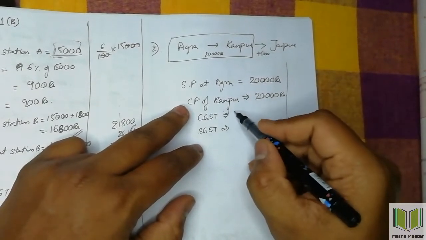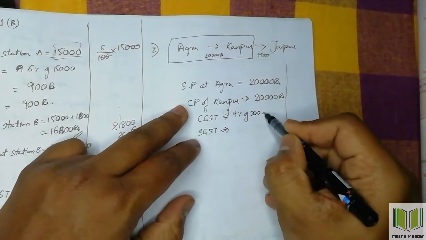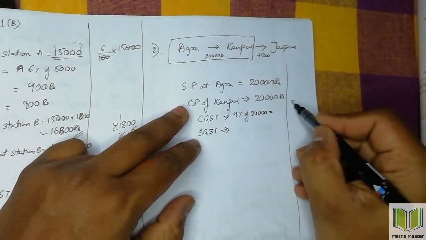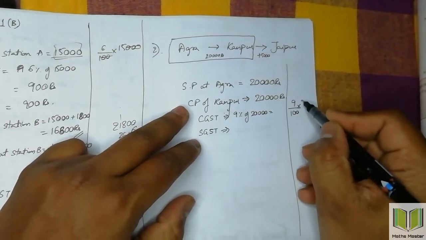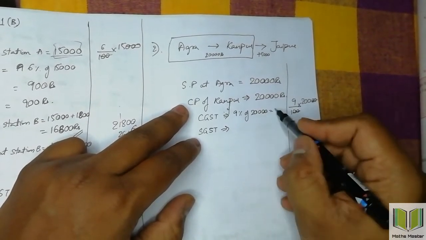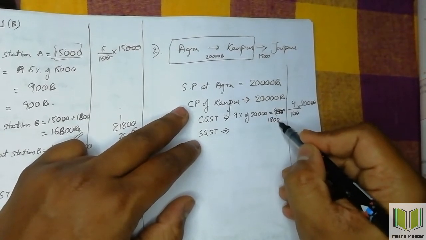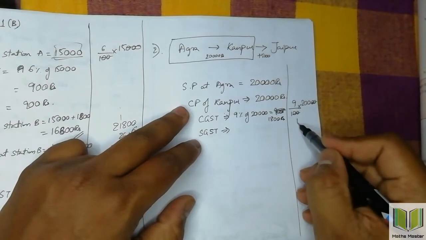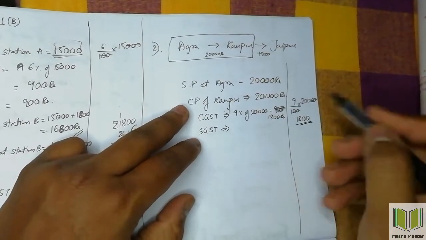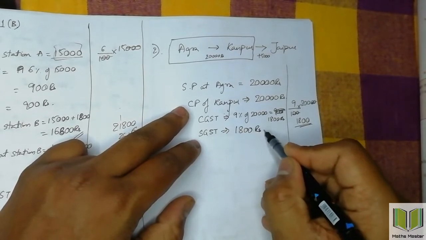So if tax is 18%, this will be 9% of 20,000, which is 9 by 100 multiplied with 20,000. Double zeros get cancelled. 9 times 2 is 18, so 1,800 rupees. So SGST will also be equal to 1,800 rupees.